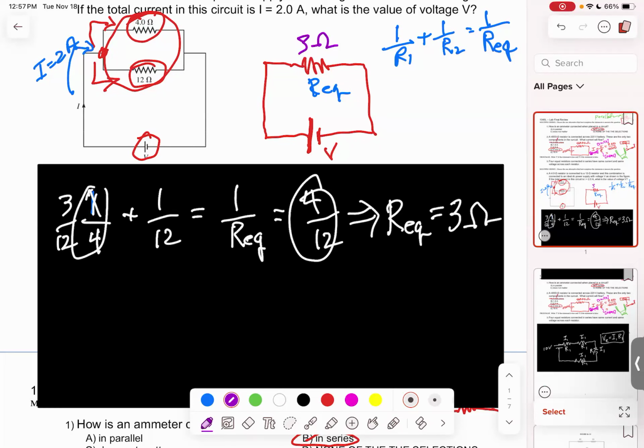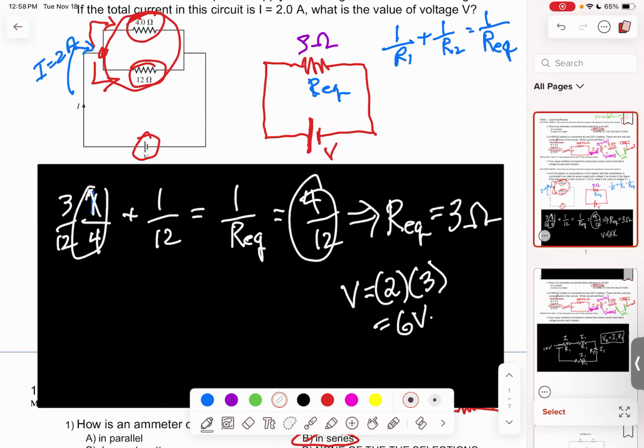Well, remember what our goal here was. Our goal is to figure out what the voltage is in this case. And now we're back to using Ohm's law. Ohm's law tells us that the voltage is going to equal whatever the current is that's being pushed through, which was the 2 amps, multiplied by the equivalent resistance, which is 3 ohms.